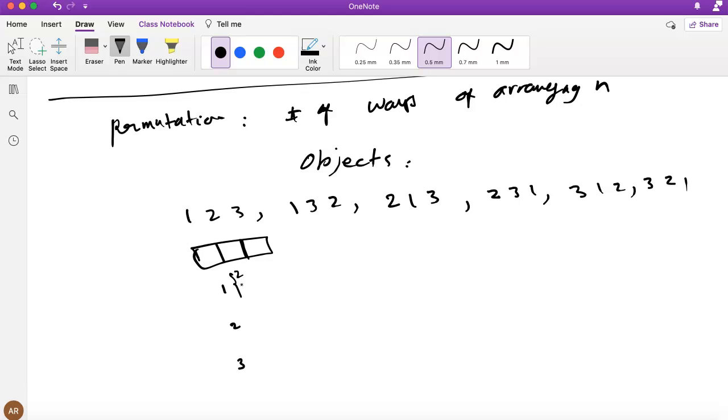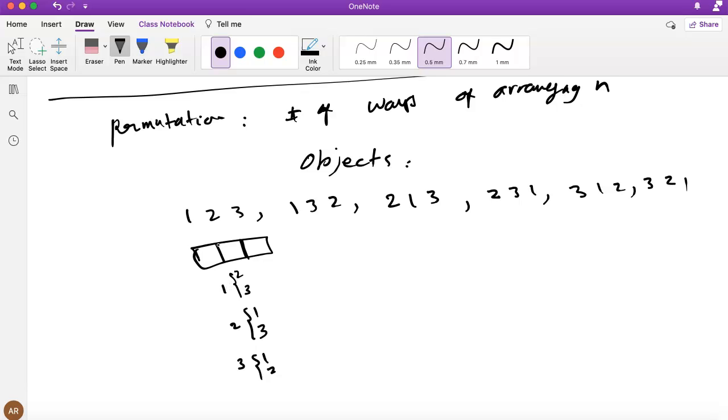The second one can be 2 or 3. If 2 is gone, the second one can be 1 or 3. And if 3 is gone, the second one can be 1 or 2. And finally, for the last one there's no choice left. If 1 and 2 are gone, only 3 is left.